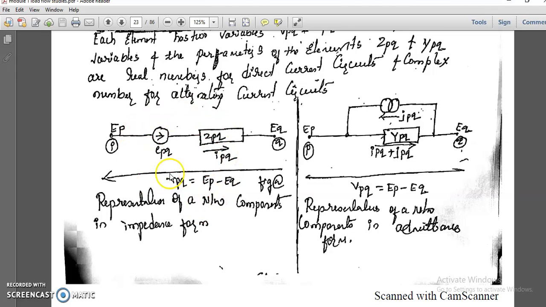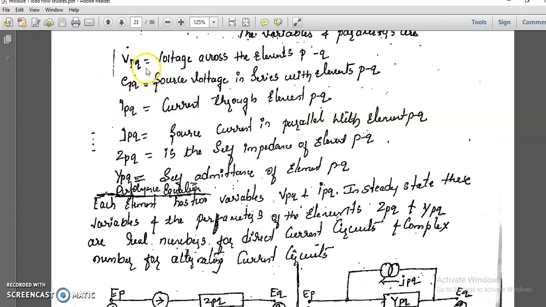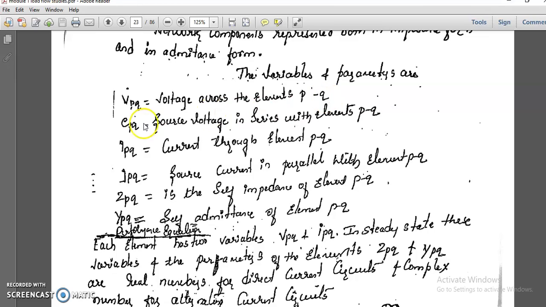This is the impedance form, with impedance and two nodes P and Q, with voltages EP and EQ. The references I have given: VPQ is the voltage across the element P to Q, EPQ is the source voltage in series with element PQ, IPQ is the current through element PQ, JPQ is the source current in parallel with element PQ, ZPQ is the self impedance of the element PQ, and YPQ is the self admittance of the element PQ.